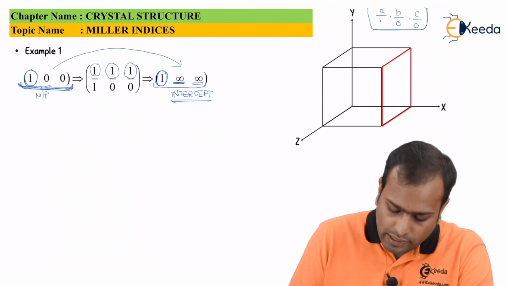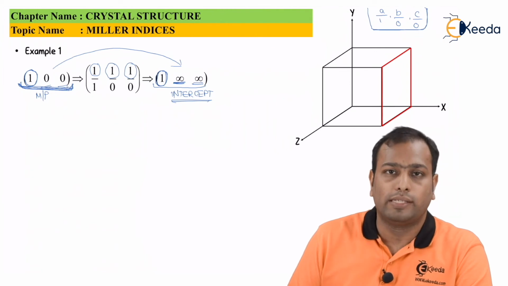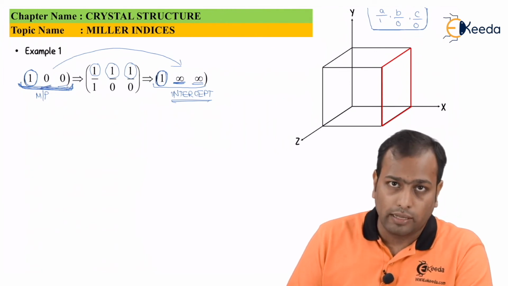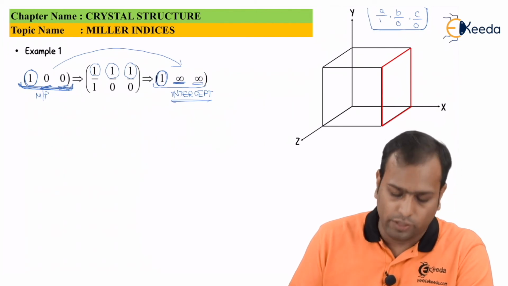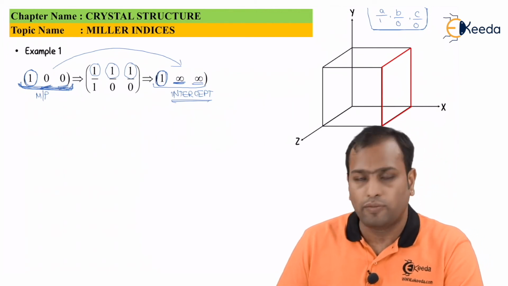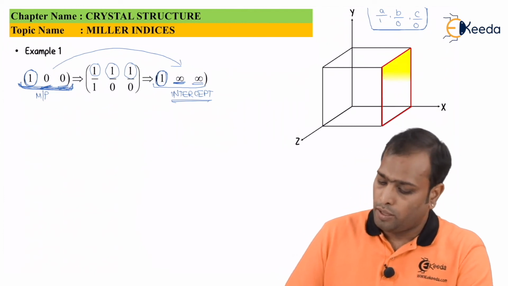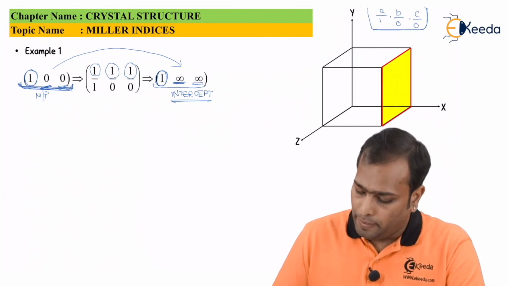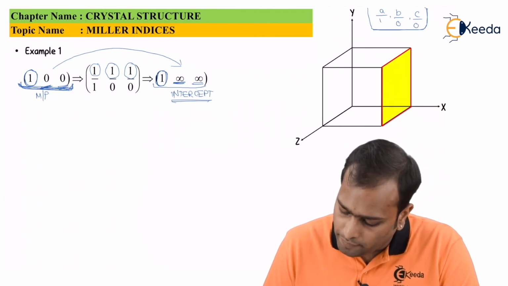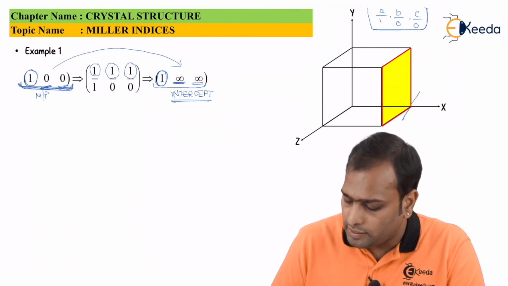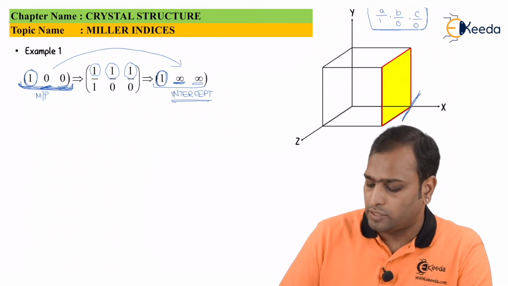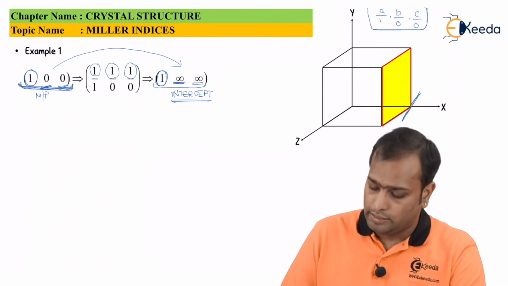Since you have 0 and 0 on y and z, you can say this plane will not cut the y-axis and z-axis. Why? Because the coordinates are 0, as you can see. So this is how the plane would look like. This is my plane. As you can see, this plane will cut the x-axis. This is how it has cut the x-axis, but it is not cutting the y-axis and z-axis.